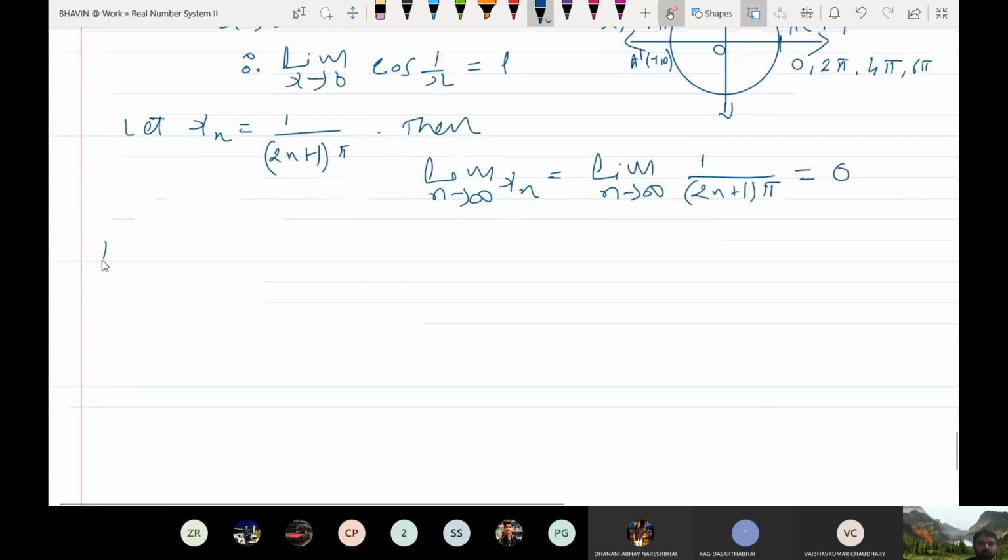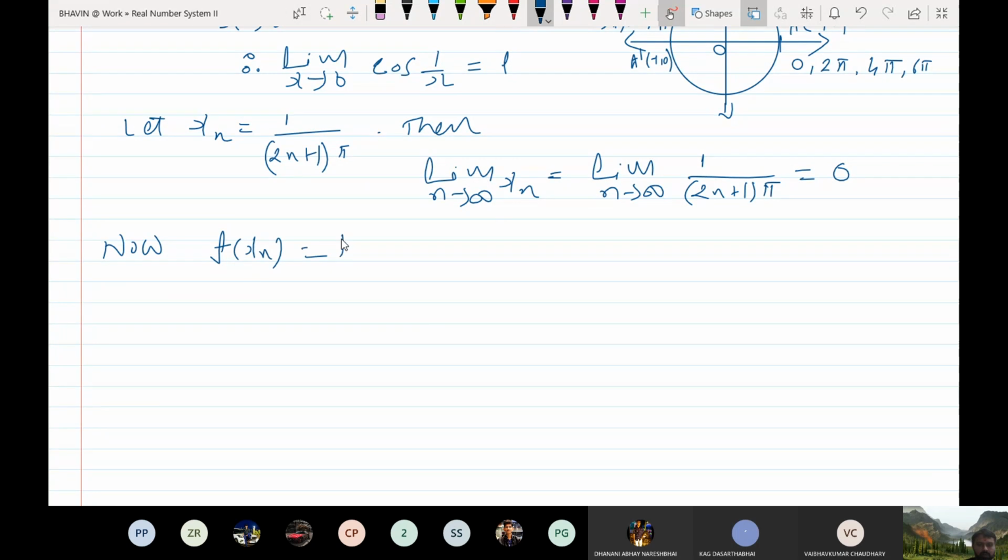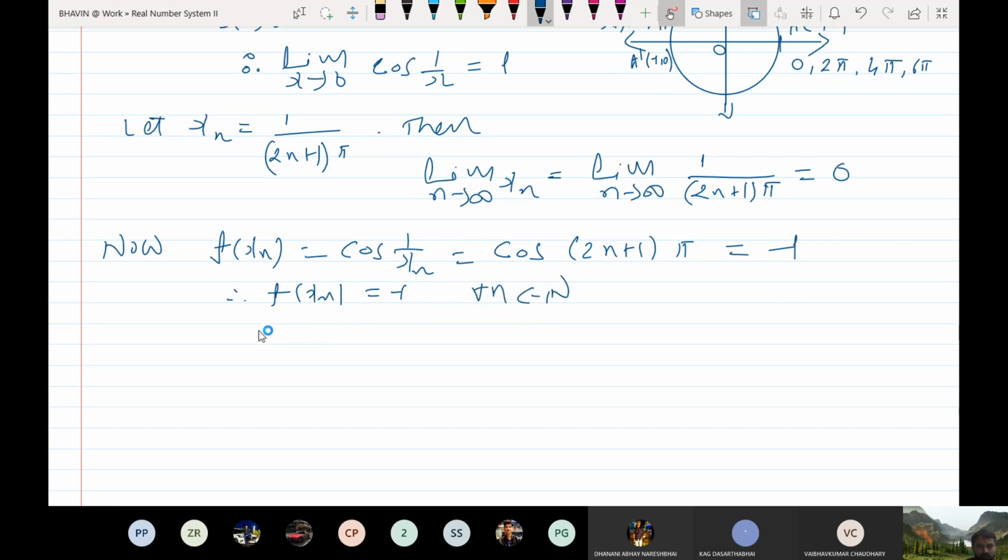So now let us evaluate f(xn). What is f(xn)? Cos(1/xn), so 1/xn goes into the numerator, so cos of (2n plus 1) pi. What is cos of (2n plus 1) pi? -1. Therefore f(xn) is -1 for all n belonging to N. What is limit of this?